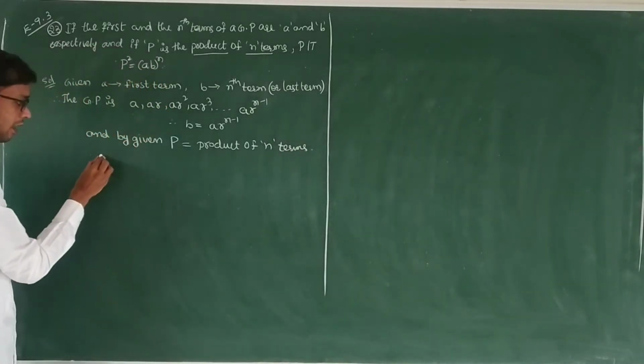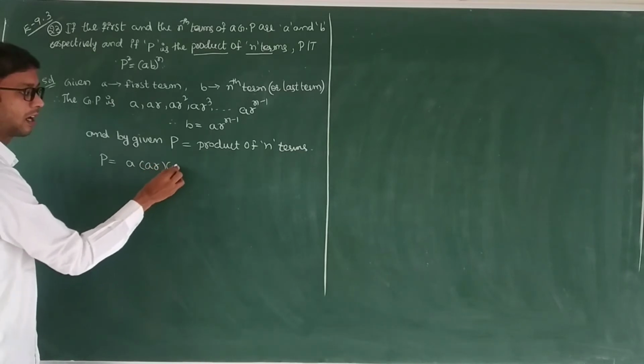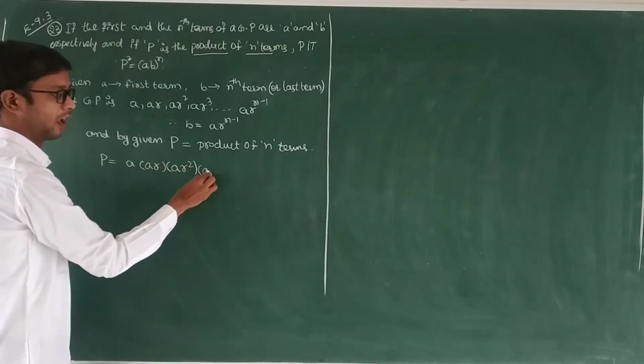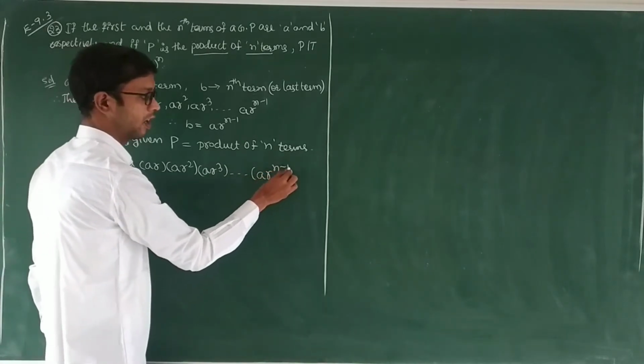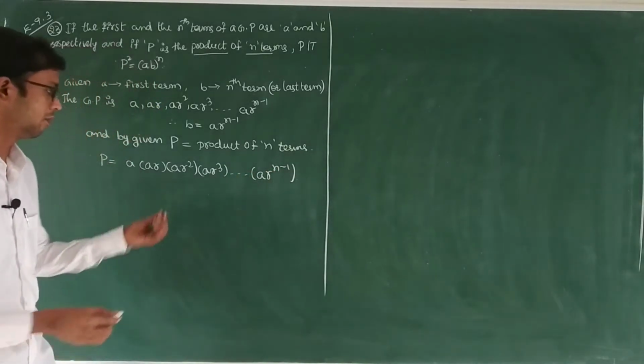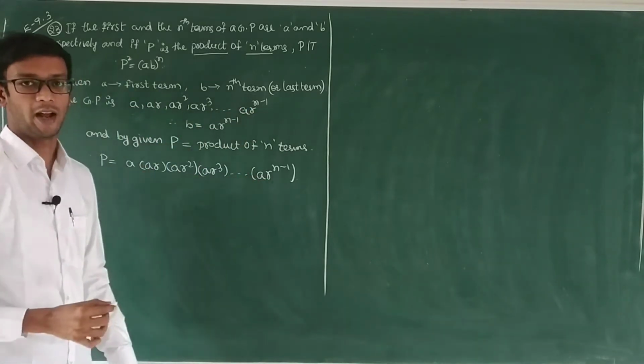So I will write here capital P is equal to A into AR into AR square, AR cube, and so on, AR power n minus 1. So product of n terms.